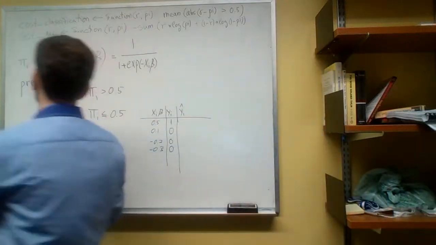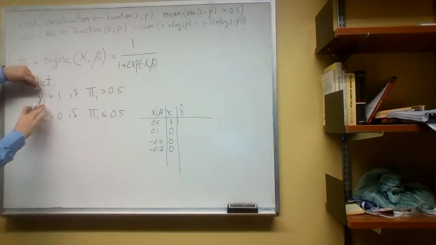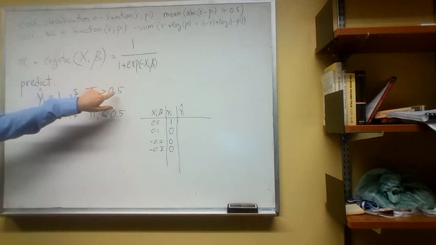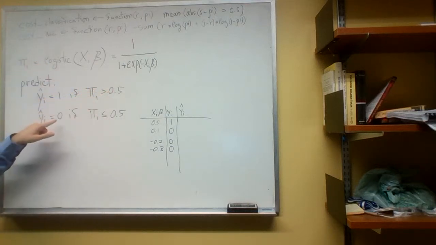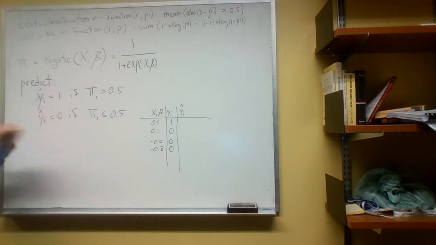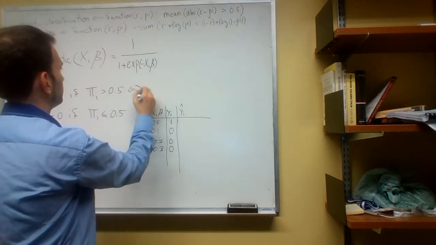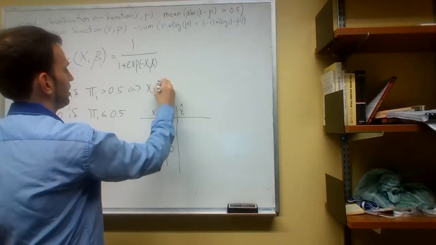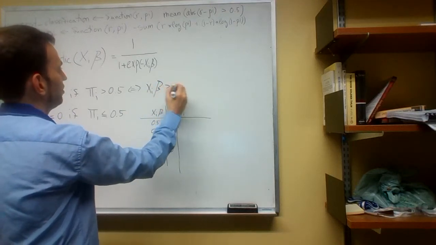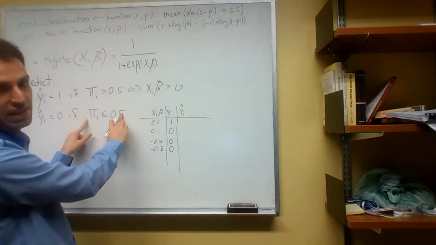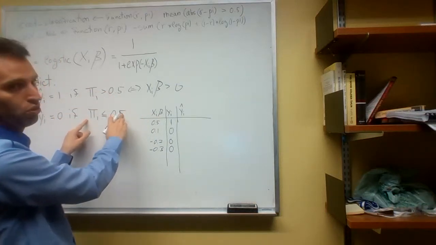We say that the prediction for yi is going to be 1 if pi is greater than 0.5, and otherwise it's going to be 0. So note that that's the same as saying 1 if xi beta is greater than 0, and 0 if xi beta is smaller or equal to 0.